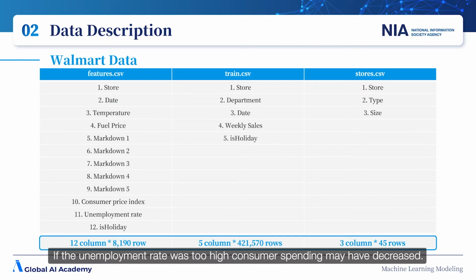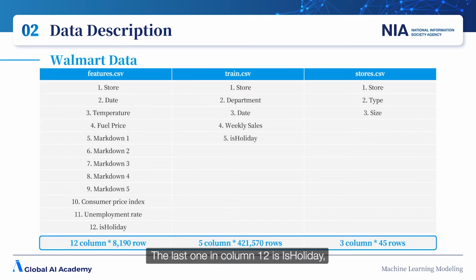If the unemployment rate was too high, consumer spending may have decreased. The last one in column 12 is holiday, which indicates if a certain day was a holiday or not. If it was a holiday, we can expect that people went shopping more, or otherwise people did less. So, it has 12 columns and 8,290 rows.